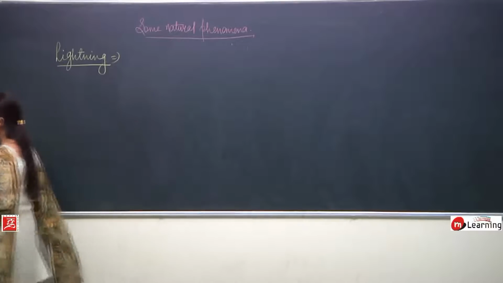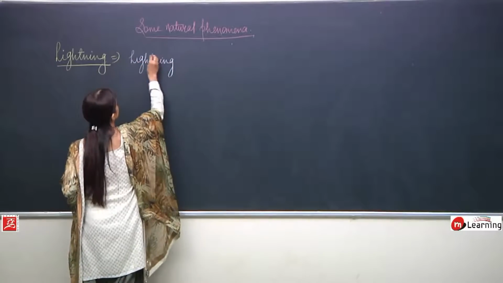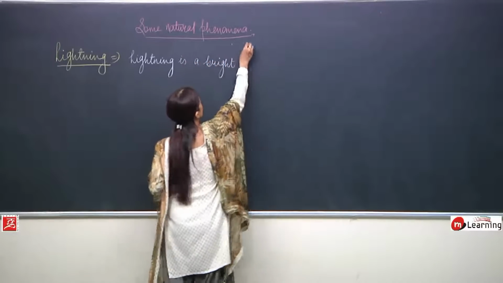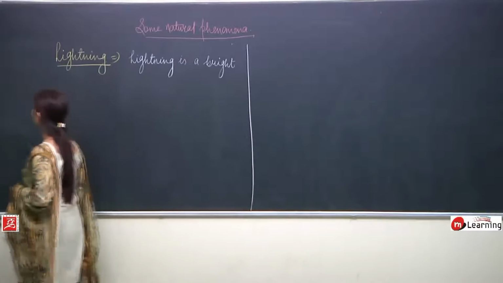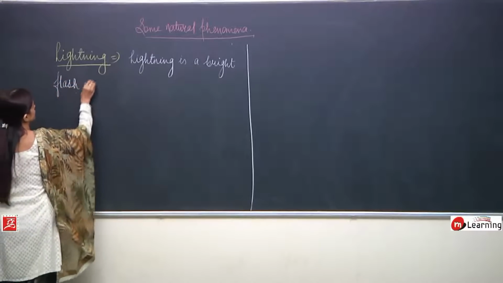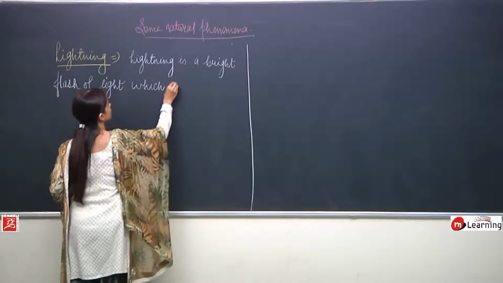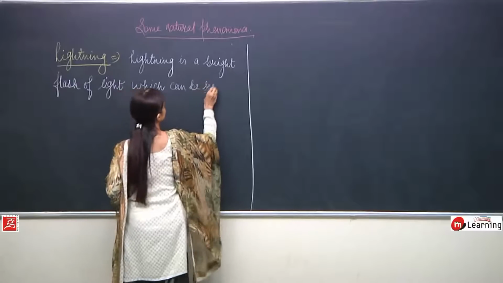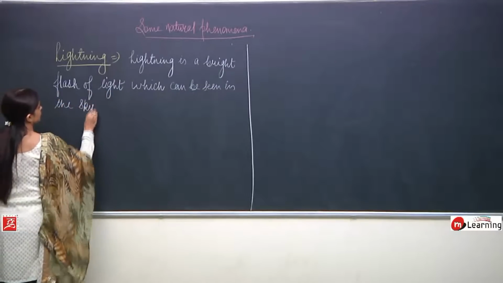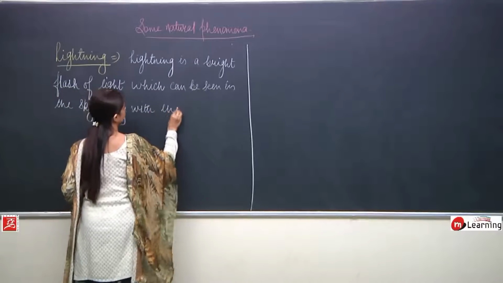So what is lightning? Lightning is a bright flash of light which can be seen in the sky along with the thunder.